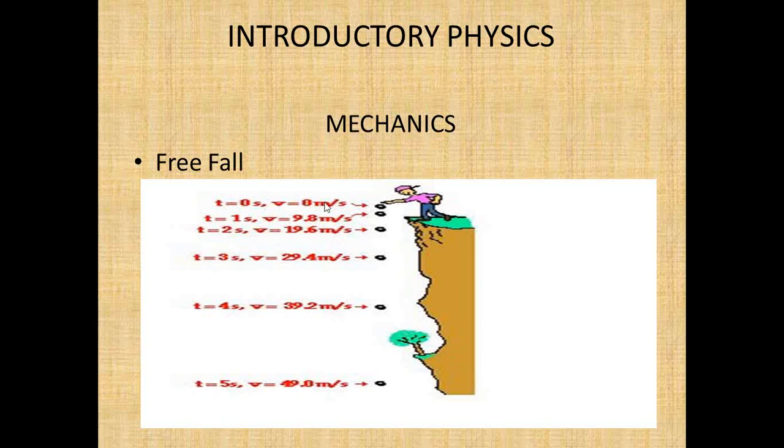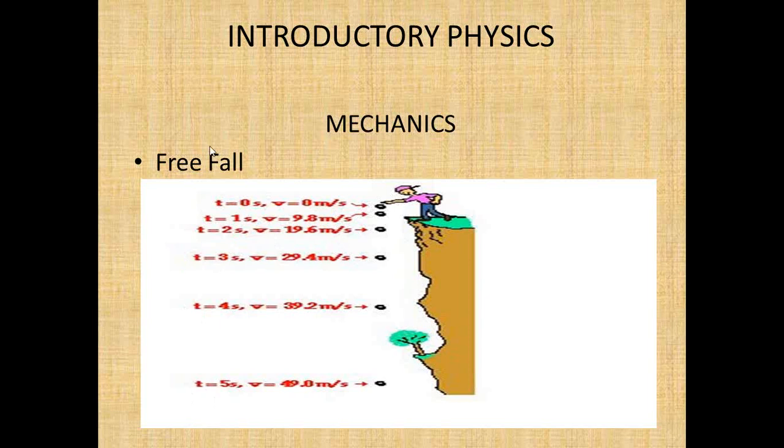So every second, the velocity is going to increase by the acceleration number. That is why the unit of acceleration is meters per second squared. Remember velocity is meters per second, and it's going to change by a certain amount every second.